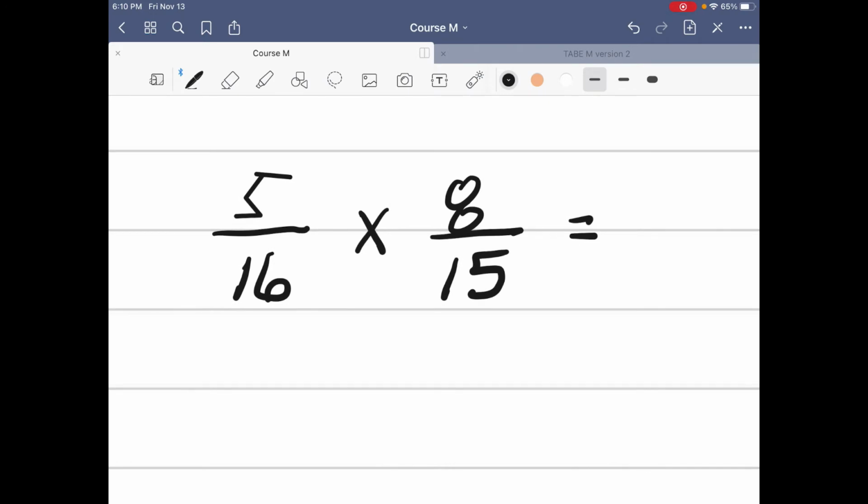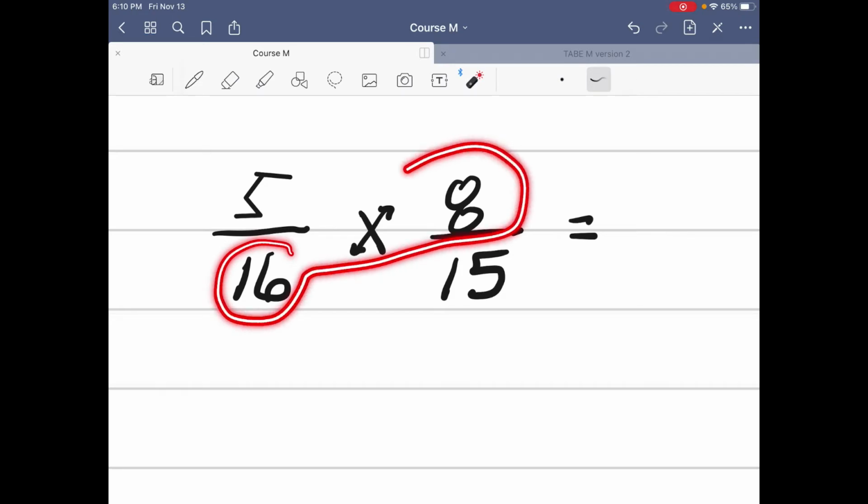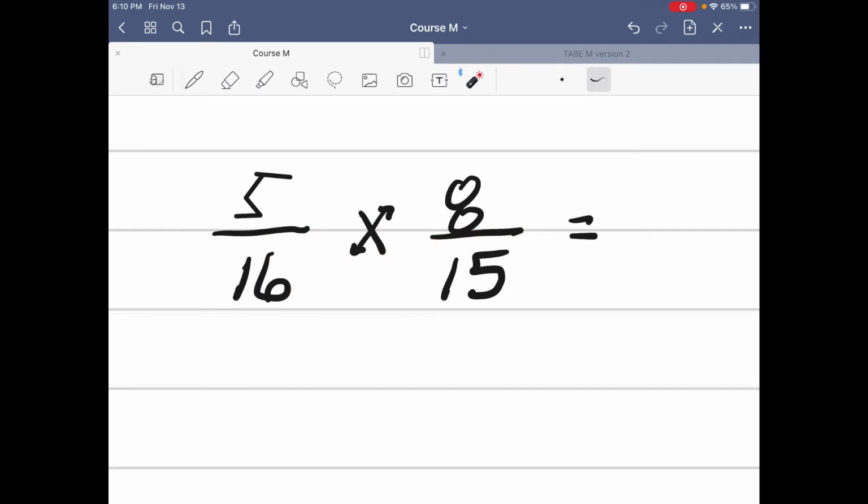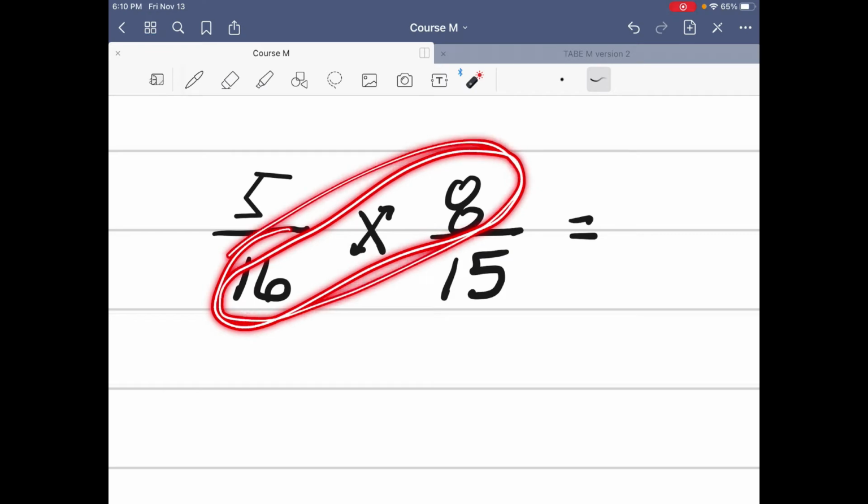So here's how canceling works. First of all, you can only use it with multiplying. So there has to be a multiplication sign in there. So I'm going to look at my 16 and my 8. It has to be diagonal. You cannot go this way. You have to go diagonally. So the 16 and the 8 will get to cancel.